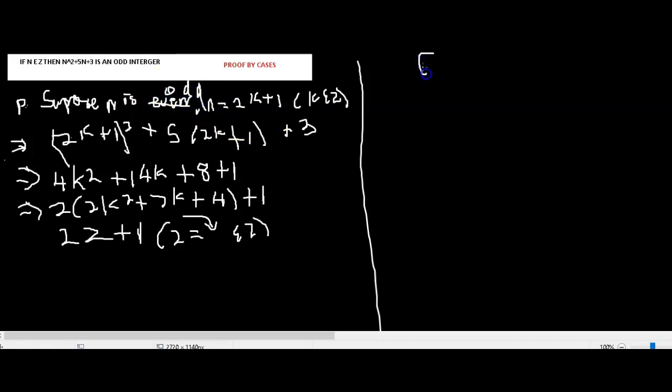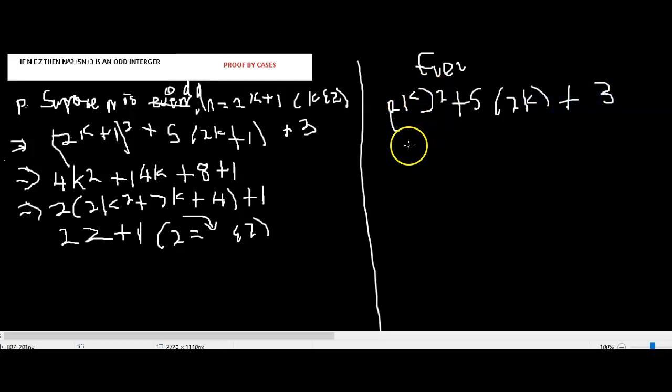So if we do even now, we do the exact same thing, but we say n is equal to 2k. So suppose n is even, then n is equal to 2k. You must write that. Now to do the proof, you just substitute 2k for n, like we did here. So it'll be 2k squared plus 5 times 2k plus 3. And now we just simplify, right?